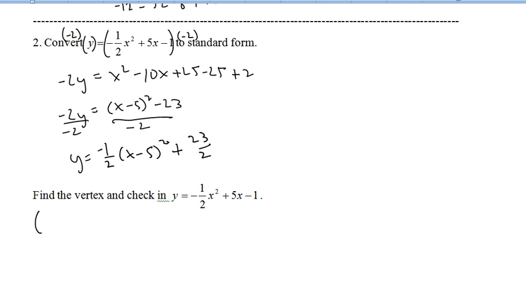So my vertex, when I want to get 0 squared, I'll need x equals 5. And then y will be 23 over 2. So notice now we need to check to make sure that this and this are the same, which they are. And now I can check my vertex in the original.